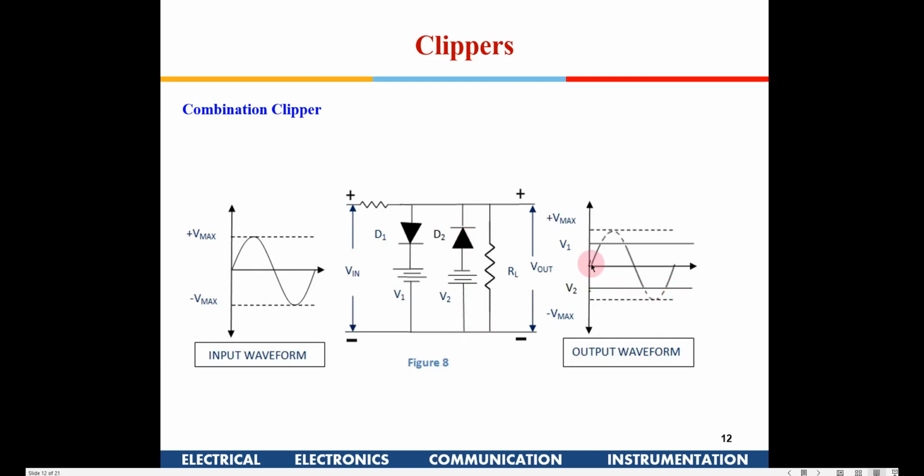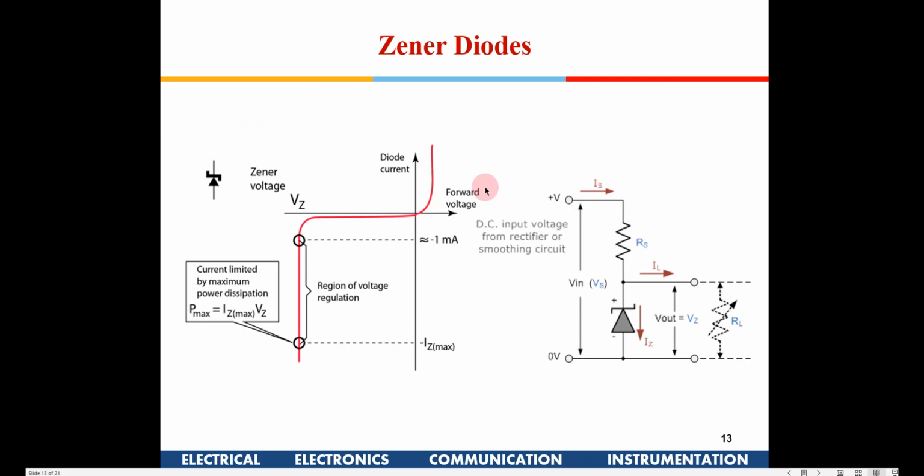So the signal gets clipped to V1, and then again it follows here and gets clipped to V2. The peaks of the output waveform will be V1 and V2. So we are clipping both on the positive and the negative side, and that is why we call it a combination clipper.